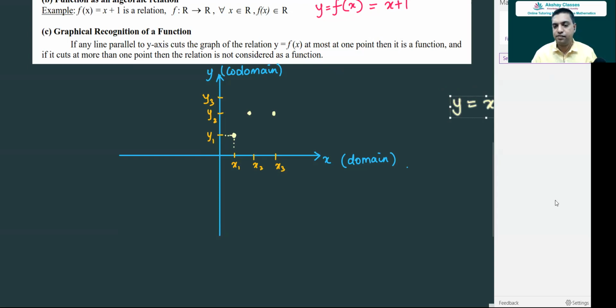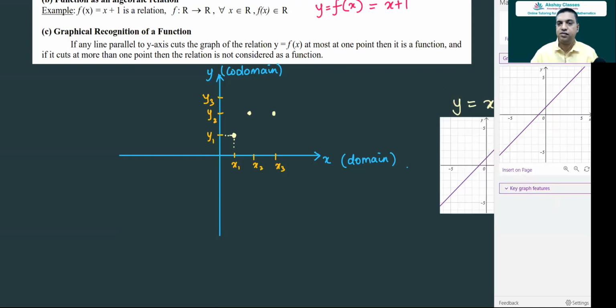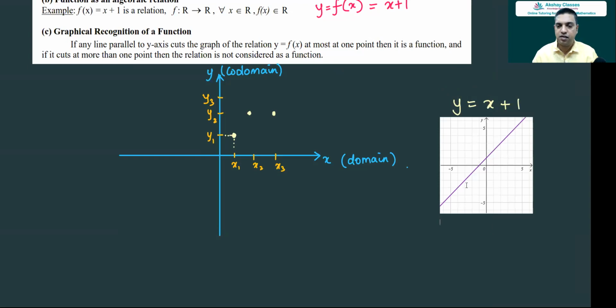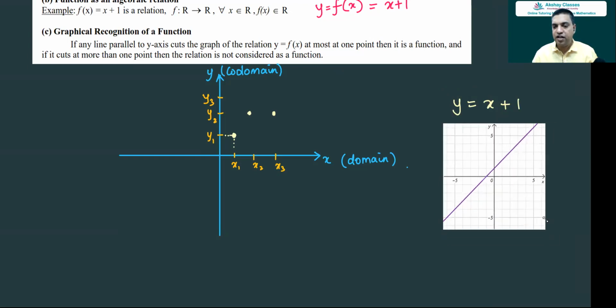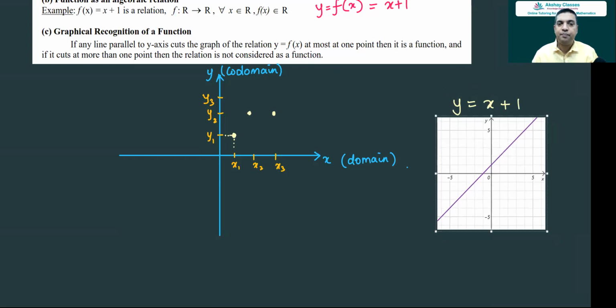So this is the graph. It is a continuous set of infinite points which lie on this particular line. This is your functional expression. So a function is expressed also as a graph.